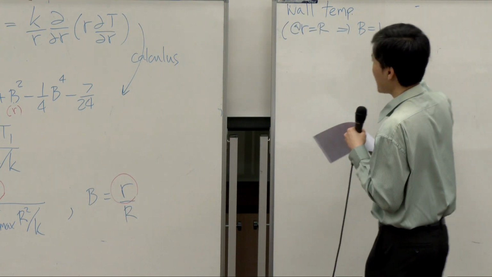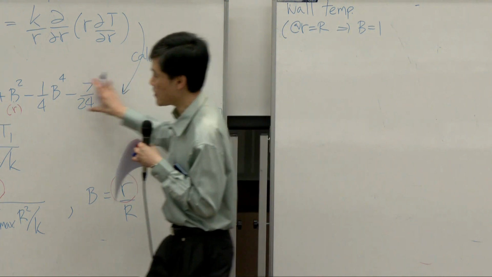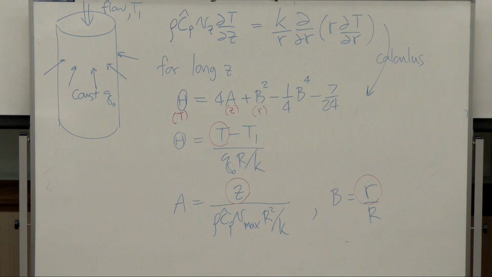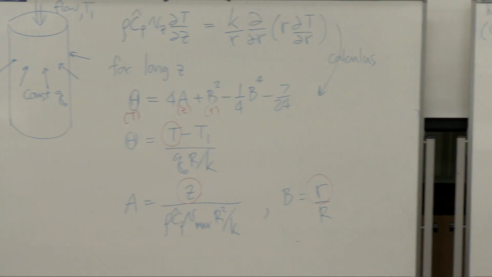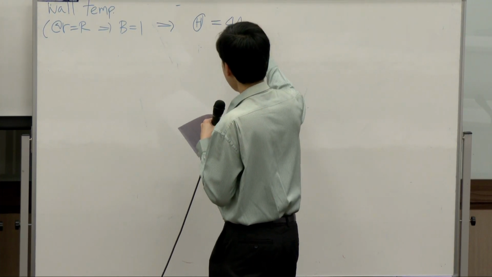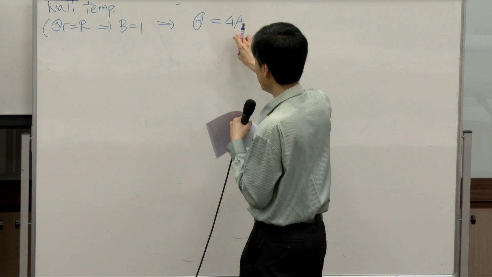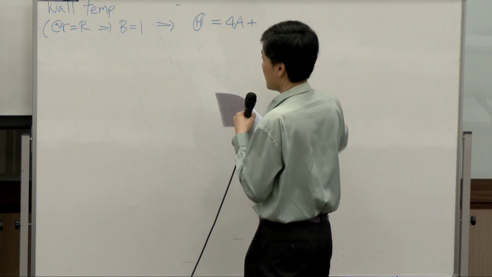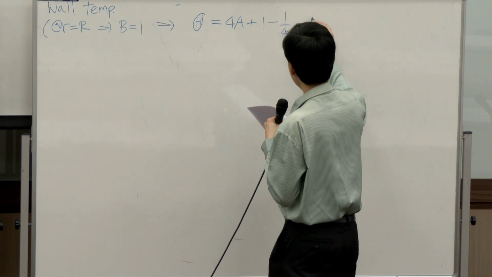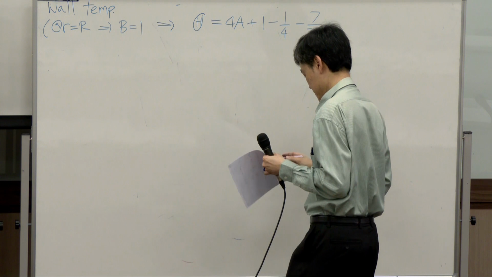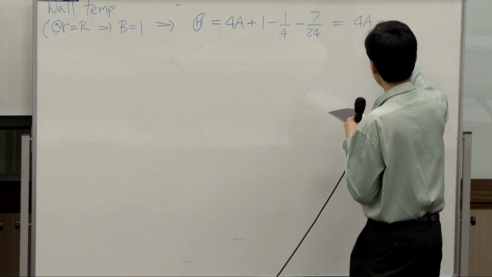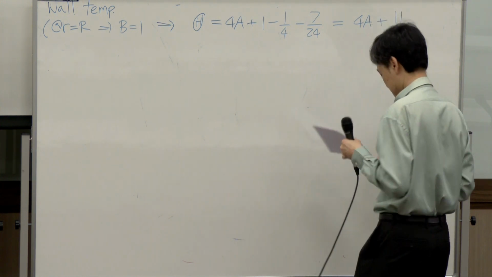So if I replace B equal to 1 in this temperature profile equation, I will get this complex function of temperature equal to 4A, which is Z, plus 1 minus 1/4 minus 7/24, which is 4A plus 11/24.